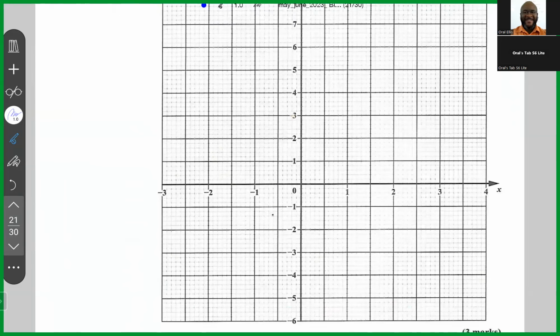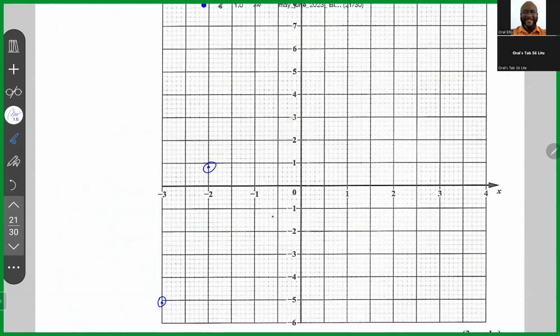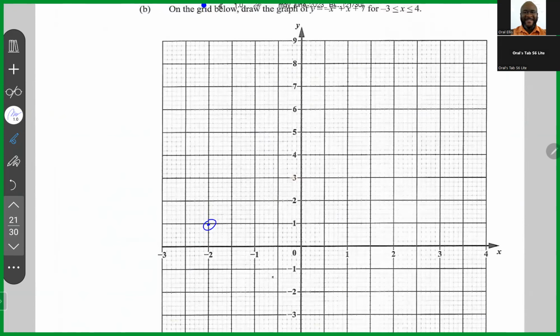When x is equal to minus 3, y is equal to minus 5. So that is here. When x is minus 2, y is equal to positive 1. That's here. When x is minus 1, y is 5. That's here. When x is 0, y is 7.